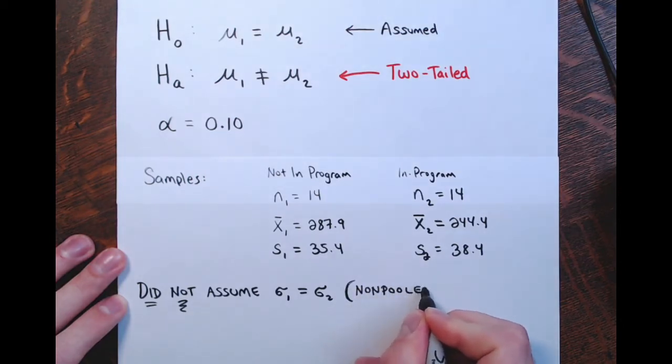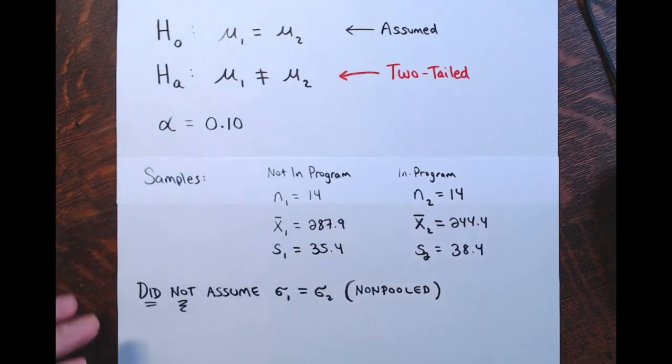Hopefully you recall from a previous assignment, when you're doing these two-sample t-tests, there's a scenario where you have a non-pooled scenario, you're not pooling the standard deviation, and then there's another scenario where they do assume that the population standard deviations are equal, and then you have a pooled scenario where you have to find that pooled standard deviation estimate, sp. Well, we're not doing that here.